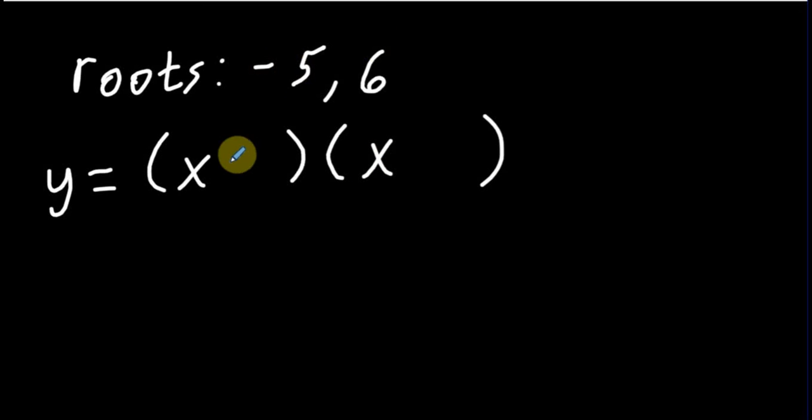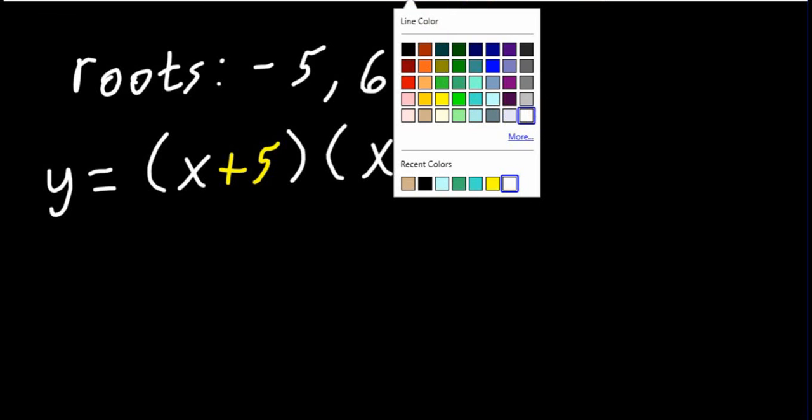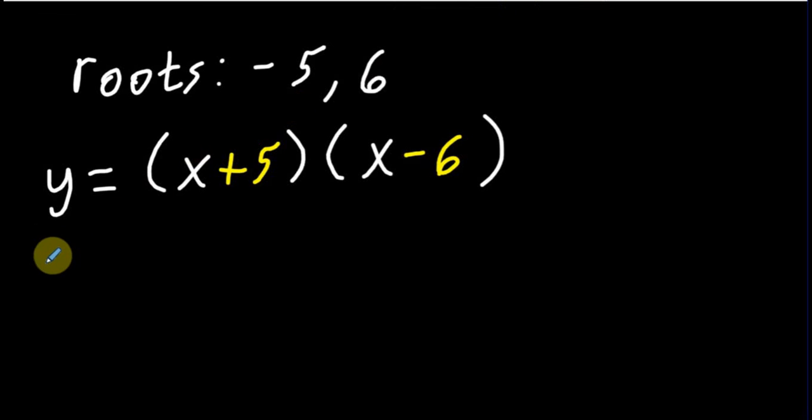One of the roots is -5, so the opposite, +5. One of the roots is 6, do the opposite, -6. Now we just have to distribute, multiply it together.